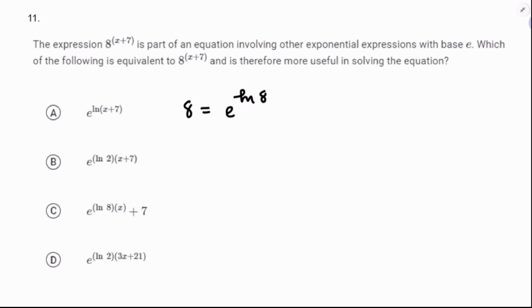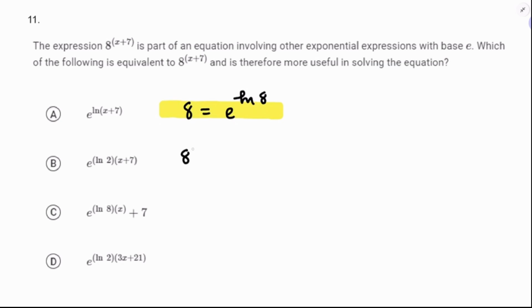That's the key understanding for this problem: 8 can be rewritten as e to the natural log of 8. Then 8 to the power of x plus 7 is e to the log 8, to the power of x plus 7.